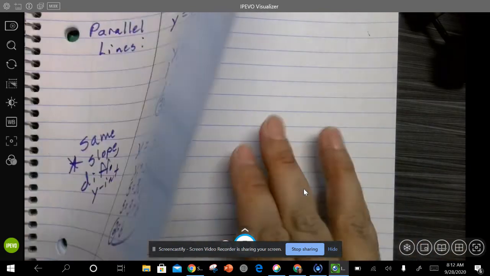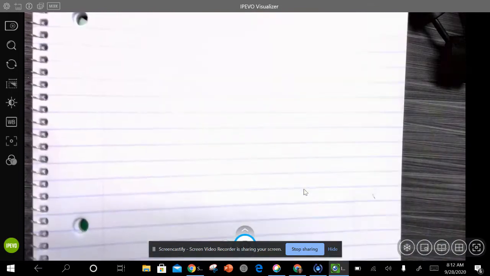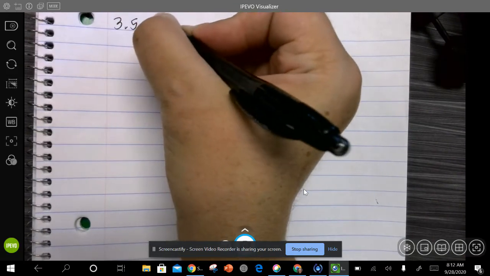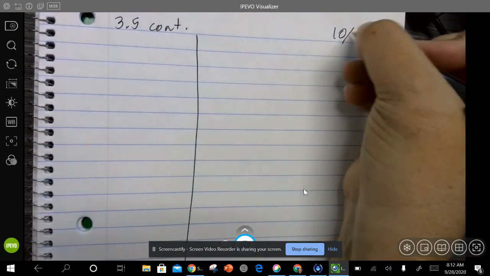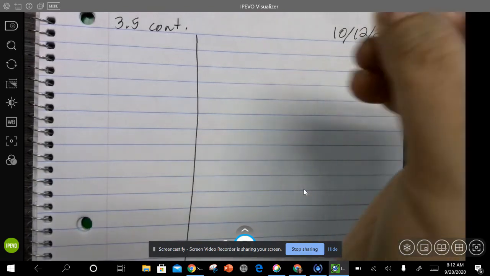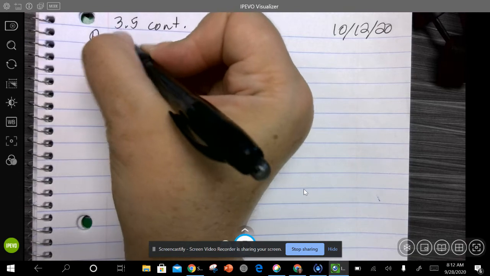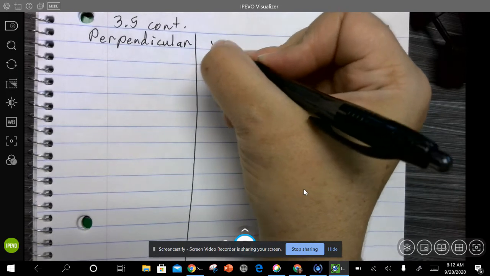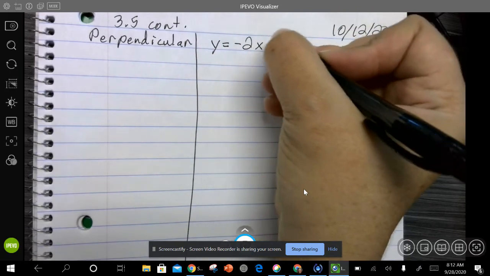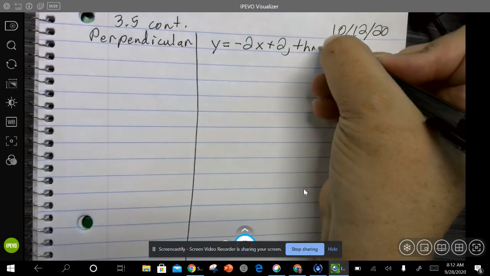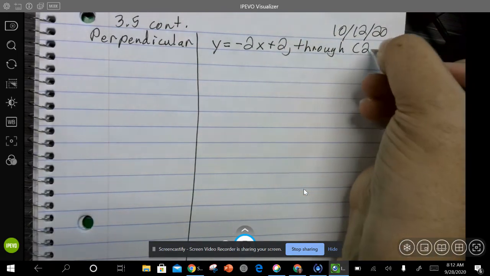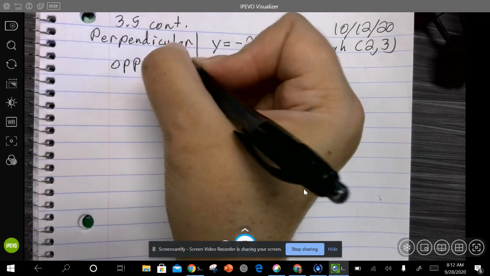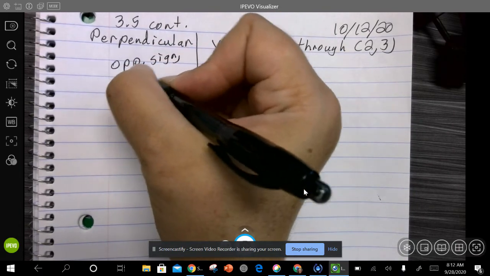Okay, let's do some examples for perpendicular. This is continuing on our notes for 3.5. So y is equal to -2x plus 2 through 2, 3. Remember, opposite sign, opposite reciprocal, perpendicular.